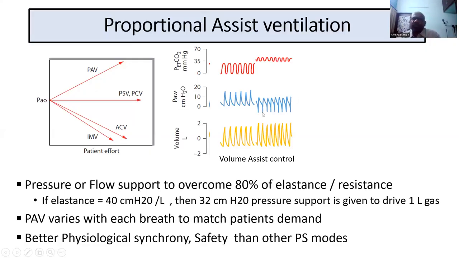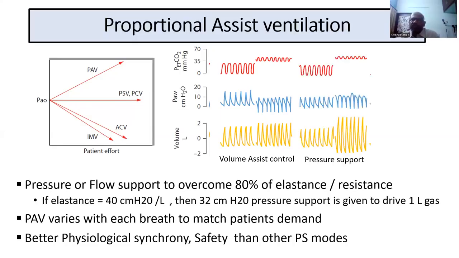He will become tachypneic, but his airway pressure will become low because he has more inspiratory demand and it's not met by the ventilator. His airway pressure will go down and he becomes tachypneic. In pressure support, the same pressure will remain. He will become tachypneic, but the volume delivered becomes a little bit better.